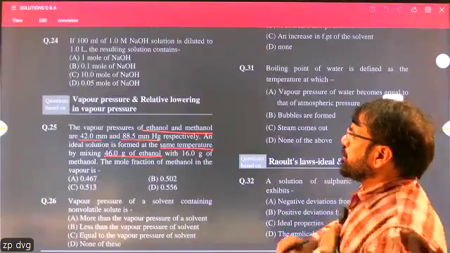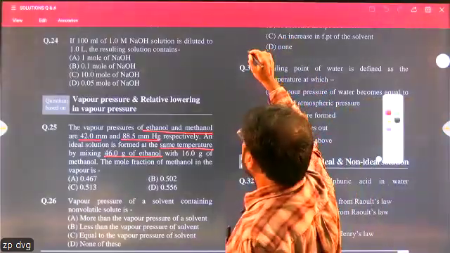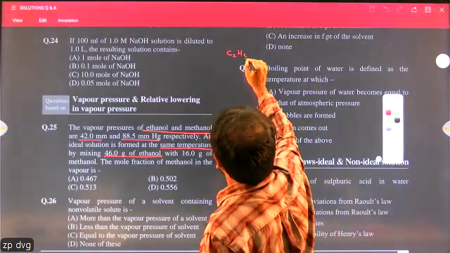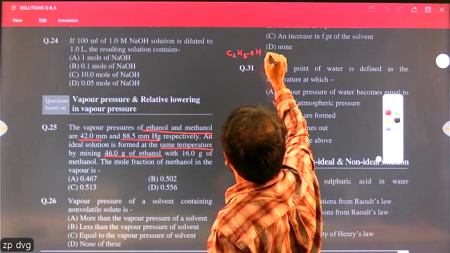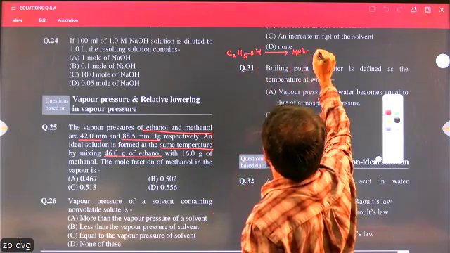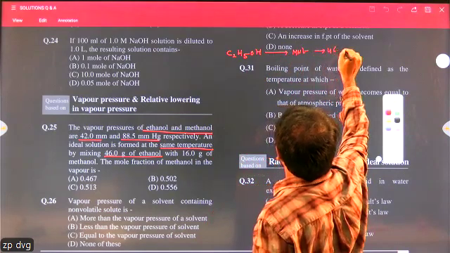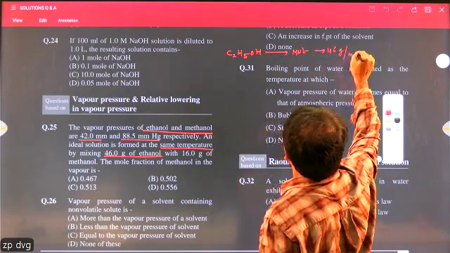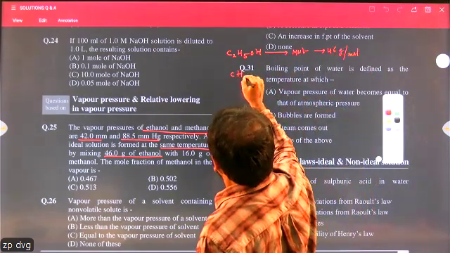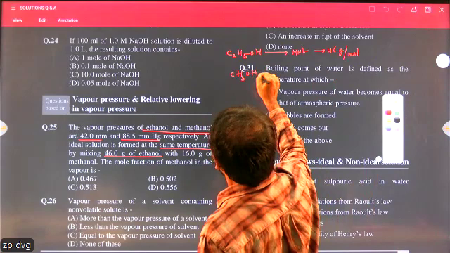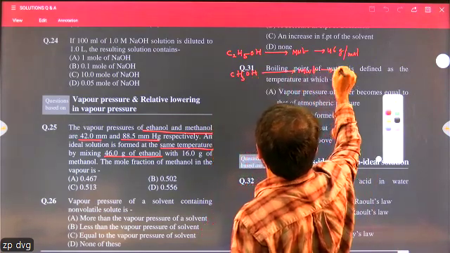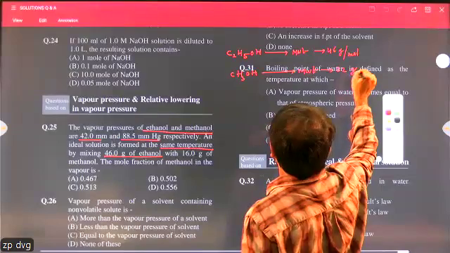First of all, ethanol, C2H5OH, its molecular weight is equal to 46 gram per mole. And methyl alcohol, CH3OH, its molecular weight is 32 gram per mole.